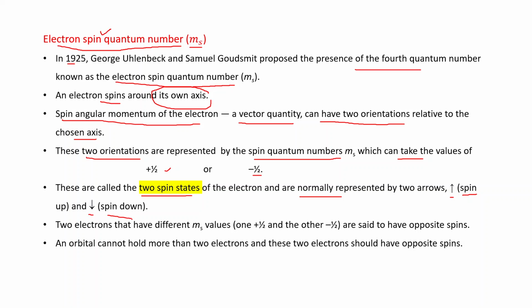So you can say this is +½ or -½, or upward arrow or downward arrow. 2 electrons that have different ms values, one +½ and the other -½, are said to have opposite spins. An orbital cannot hold more than 2 electrons, and these 2 electrons should have opposite spins. This is about the electron spin quantum number.